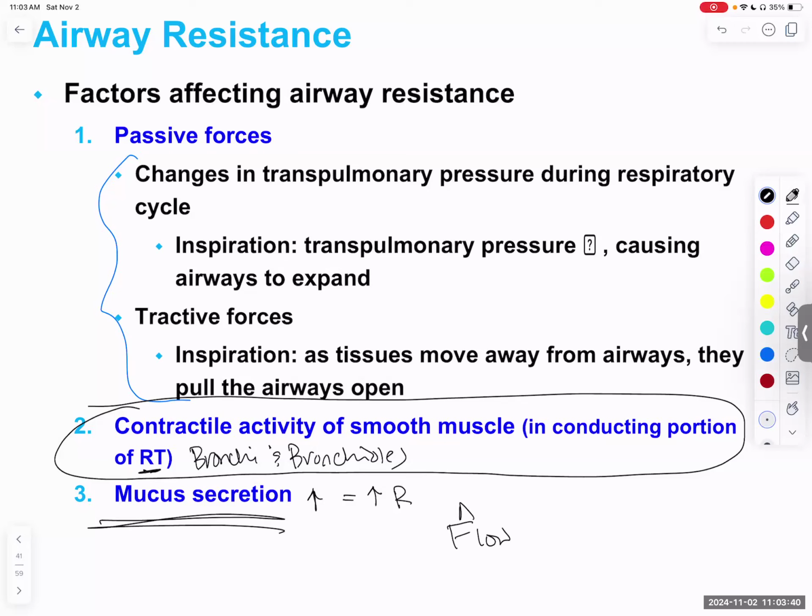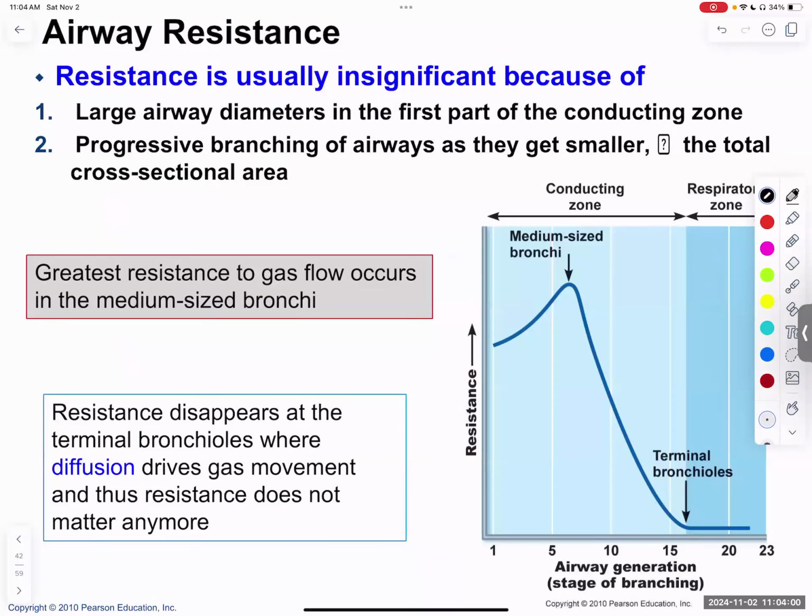So airflow is the pressure difference between atmospheric and alveoli, divided by resistance. If resistance goes up, either the pressure difference has to go up, and if that doesn't go up, then airflow goes down. Resistance is usually insignificant because we have our bronchi dilated as needed.